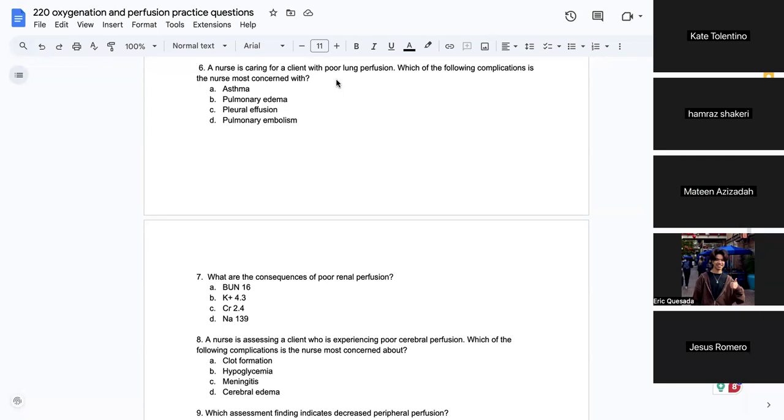I was thinking the stagnant blood would create a clot, especially with poor lung perfusion. I didn't really think having reduced blood flow would cause edema. Yeah, I can get that. Okay. I think this was a bad question because I probably would have picked D as well.